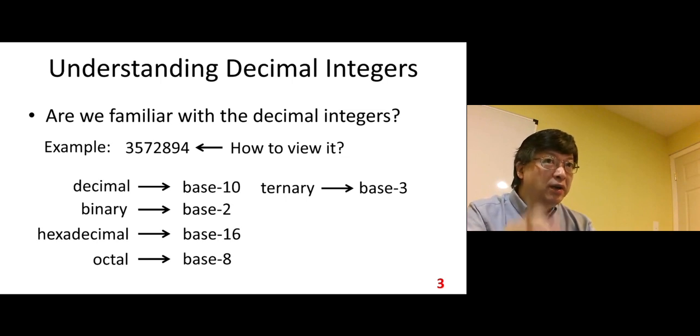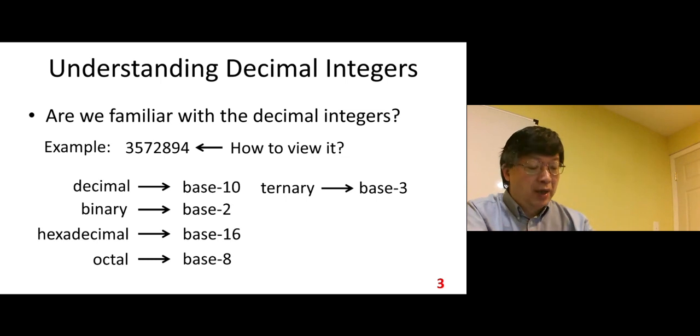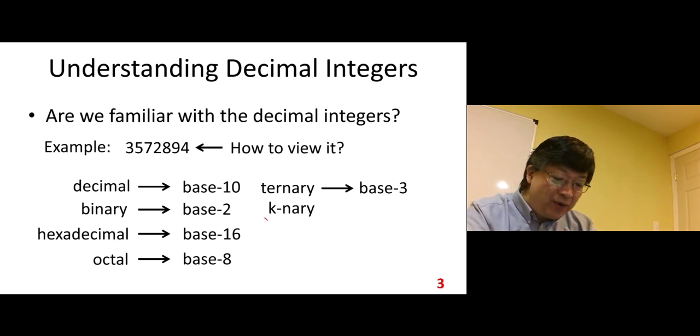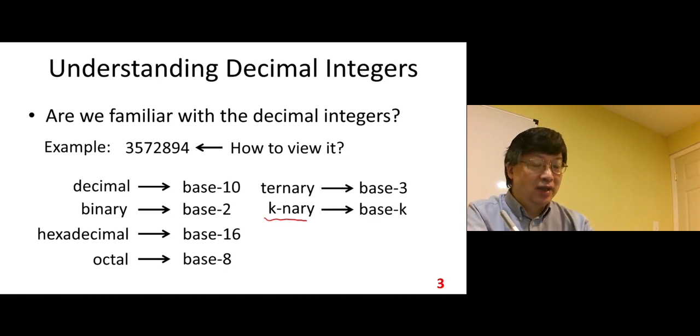We can easily get ready to use that way. So let us use our most general expression for it, k-ary representation. For k greater than 1, k-ary representation. That is the base k representation.